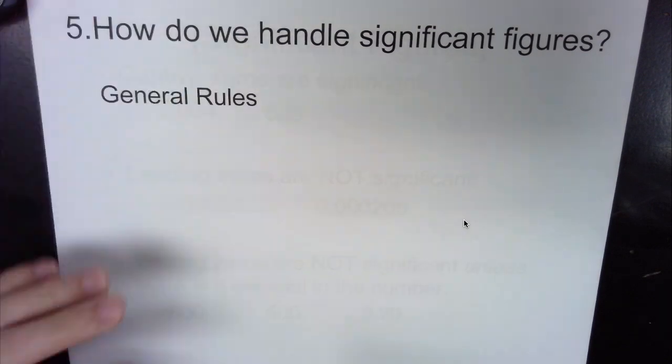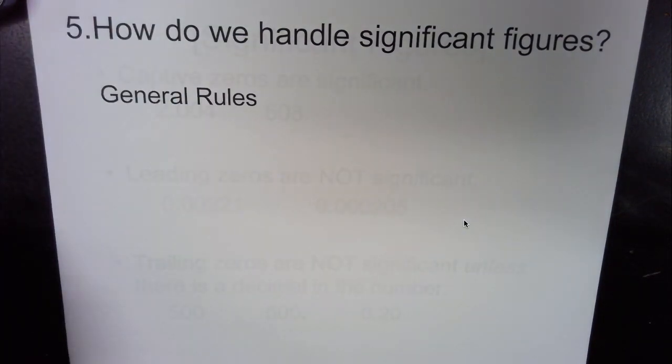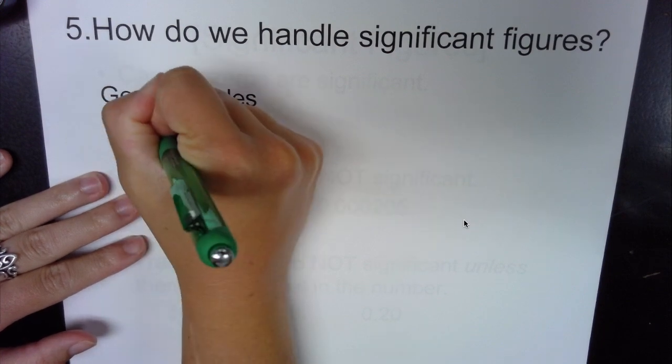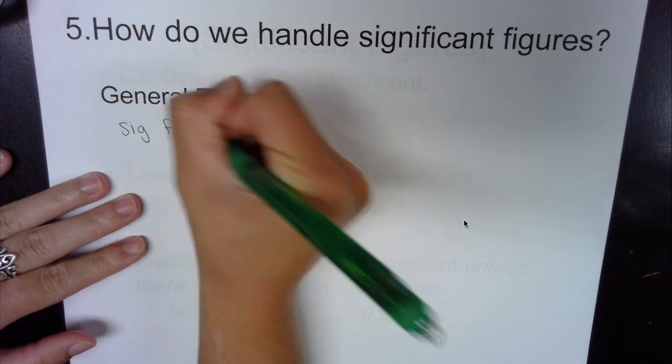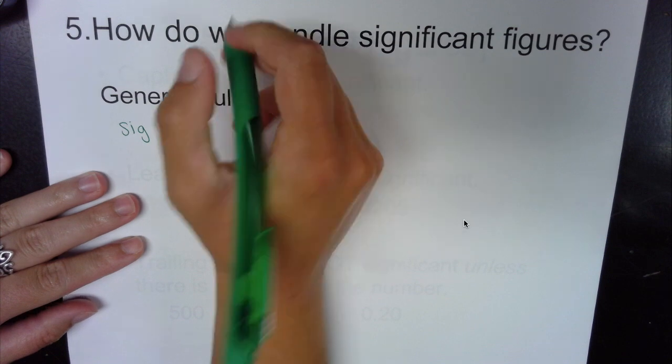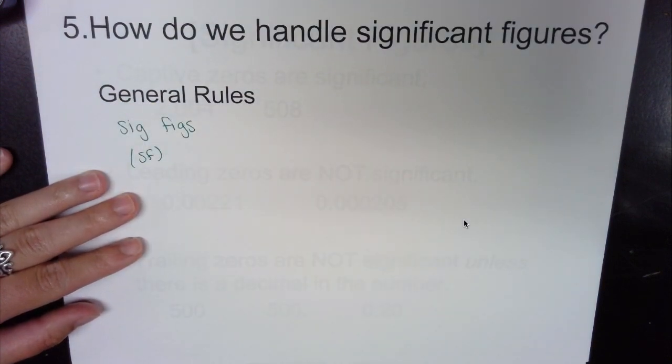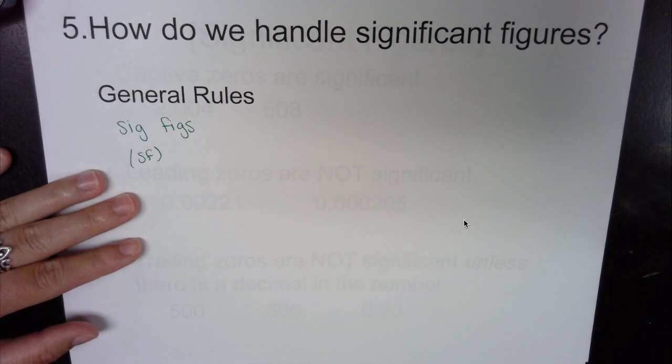So now on to everybody's favorite thing, sig figs. Okay. First of all, what are sig figs? Significant figures. I call them sig figs. Nice and short. If you see SF on your paper or on your Canvas comments, that's what sig figs are.